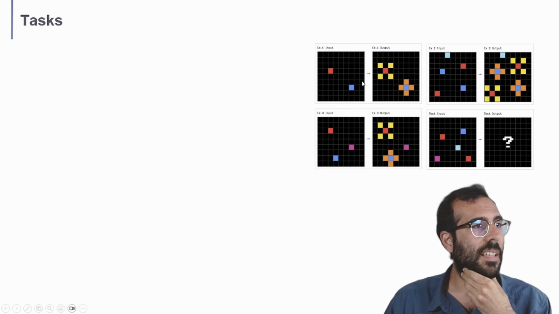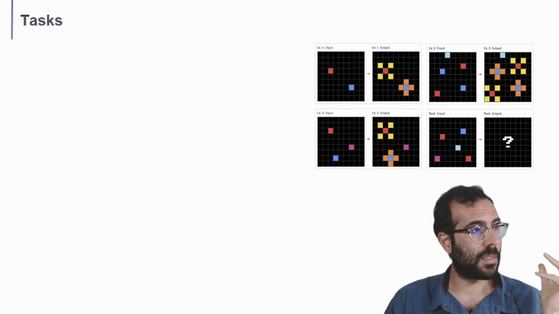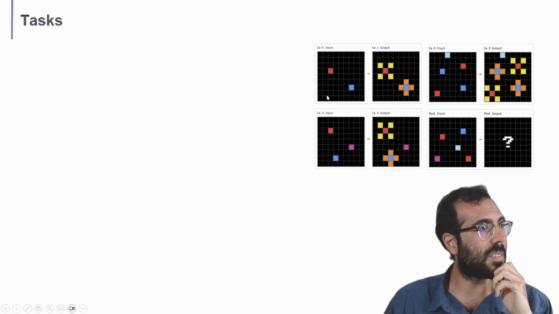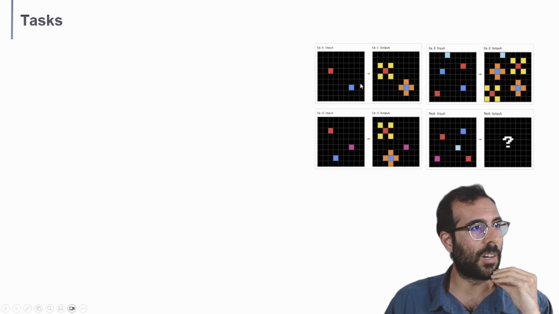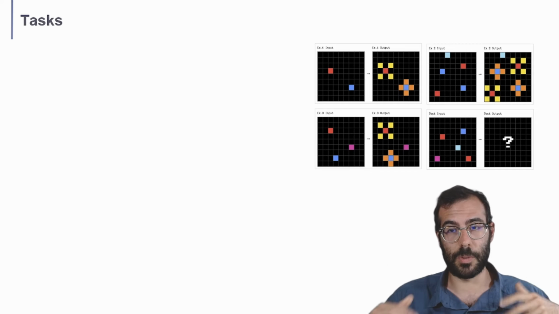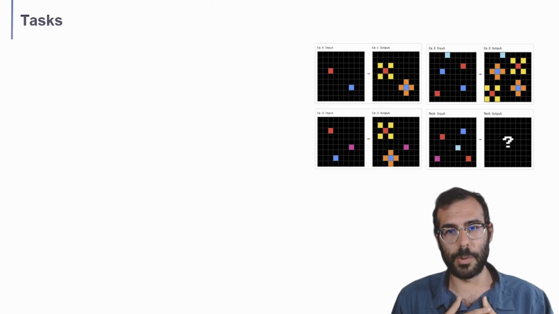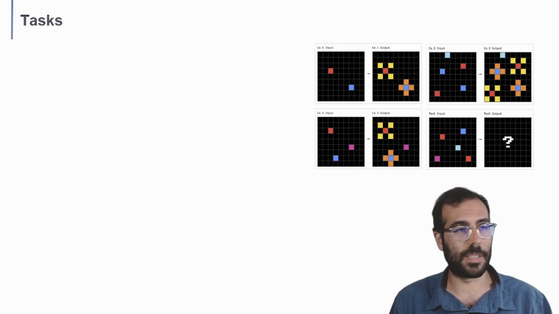Basically, the input is a grid that's at max 30 by 30, and then is transformed according to some unknown rule into the corresponding output. Here you have usually three, sometimes more examples of inputs that this rule is applied to, and then the corresponding output that's generated.